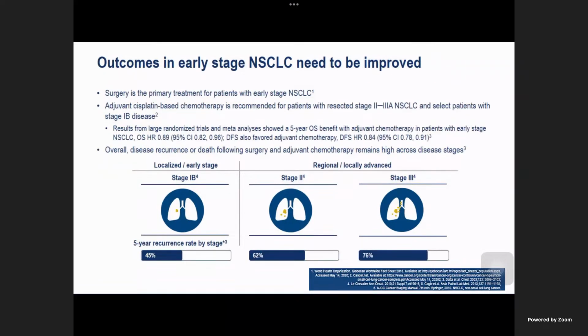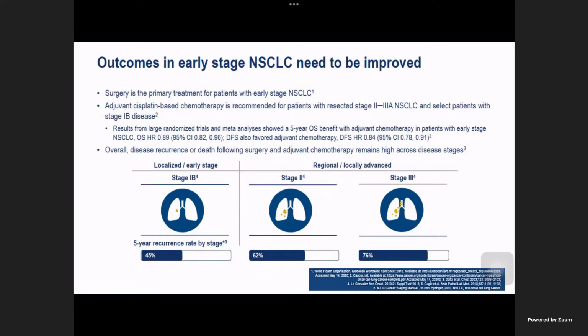If we look at the outcomes in early stage non-small cell lung cancer, surgery is the mainstay of treatment, and adjuvant chemo, as highlighted by Dr. Shiva from the LACE meta-analysis, the platinum-based therapy has added survival advantage. But if we look at stage 1, 2, and 3, even in stage 1B patients the risk of relapse is close to 50%, approximately 45%, which is very high.